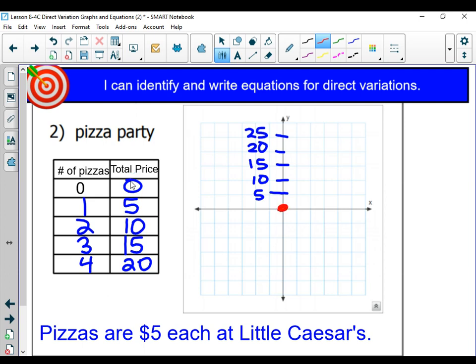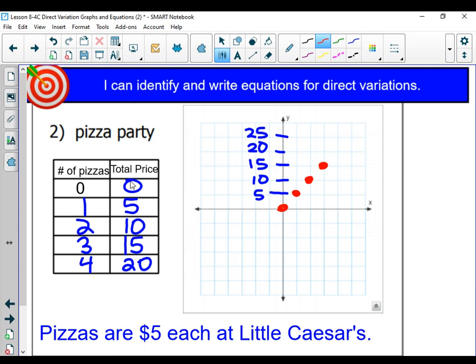No pizzas, no money. 1 pizza, $5. 2 pizzas, $10. 3 pizzas, $15. So this is almost like a chart that maybe Little Caesars even has on their wall.